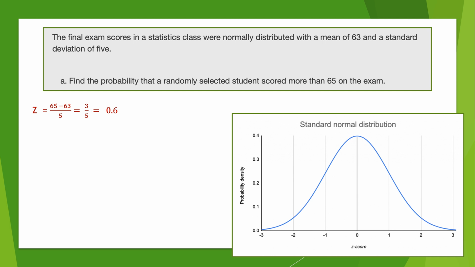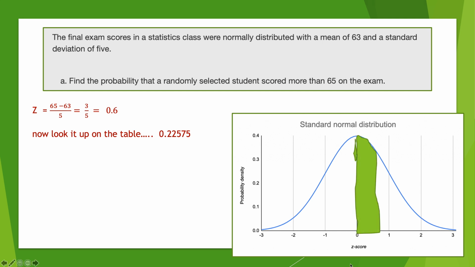So 66 gets you a z-score of 0.6. I feel sorry about that, but I've already prepared this, so I have to go with it. I looked up the 0.6 on the table, and I come up with 0.22575.